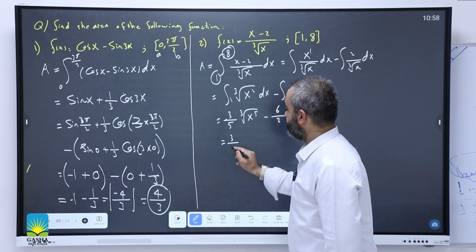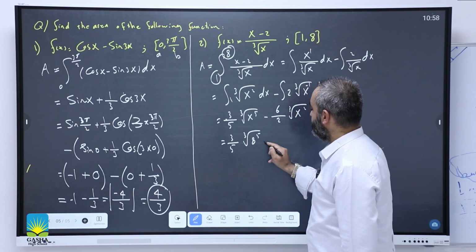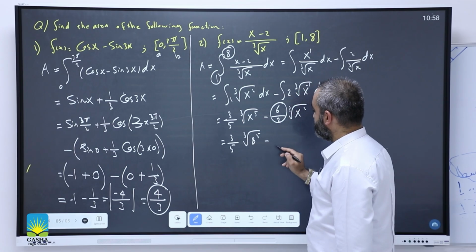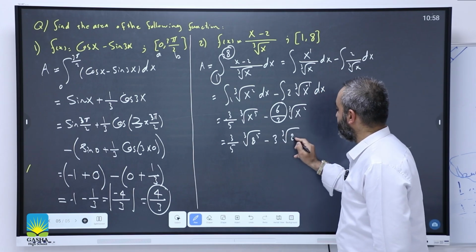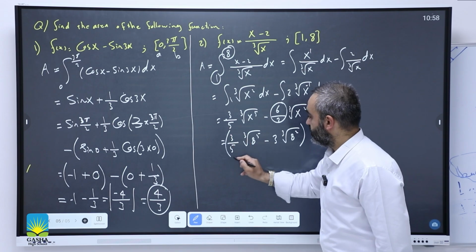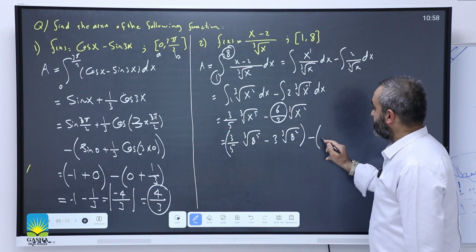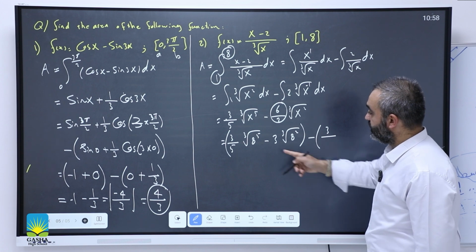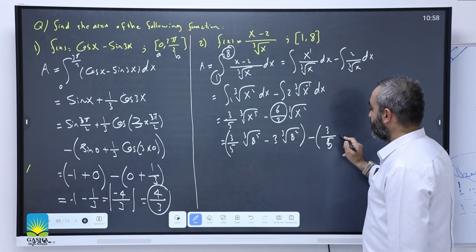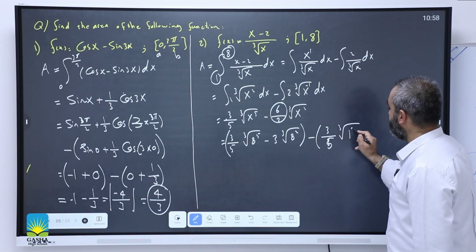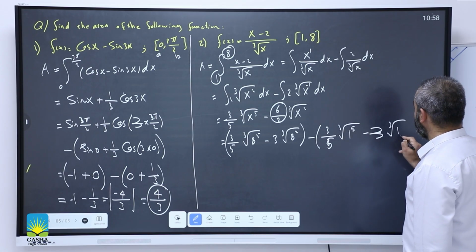So 3 over 5 cubic root of 8 to power 5 minus 3 cubic root of 8 to power 2, minus, and what about the 1? Also like 8: 3 over 5 cubic root of 1 to power 5 minus 3 cubic root of 1 to power 2.